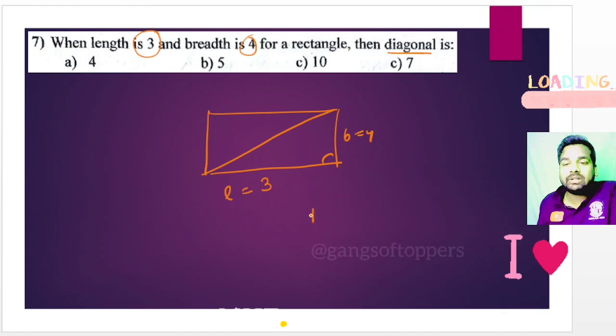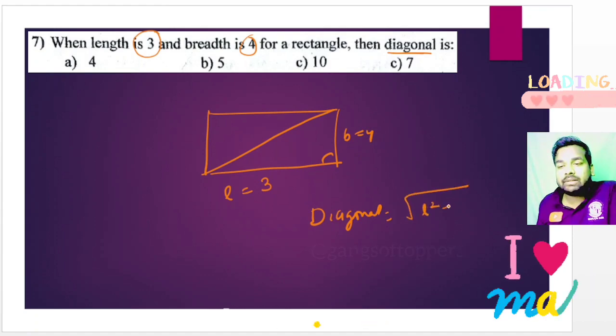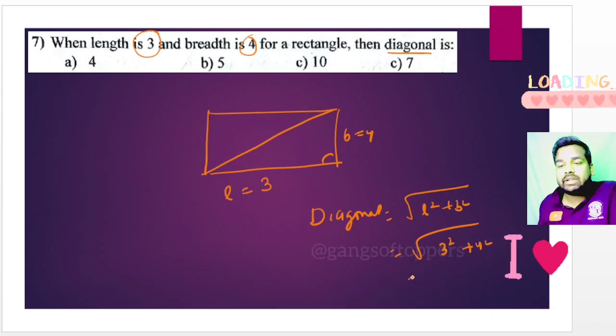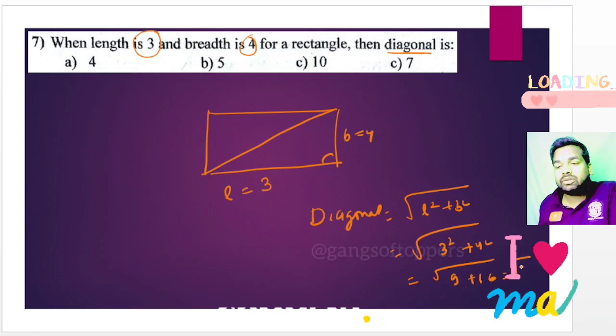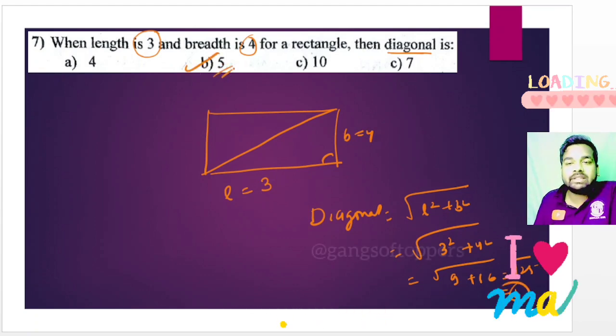The diagonal is equal to root under L square plus B square. Just apply this formula. So you are getting 3 square plus 4 square, which becomes 9 plus 16, that is root under 25. So the answer will be 5. So option number B is the correct answer.